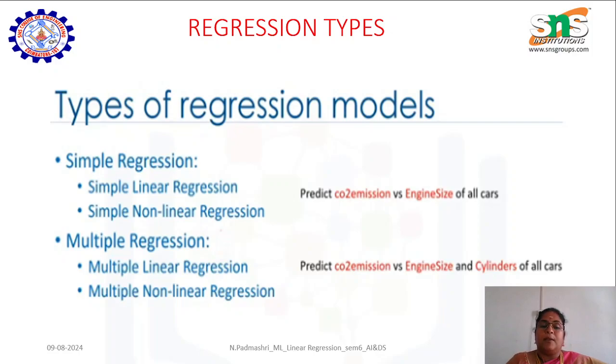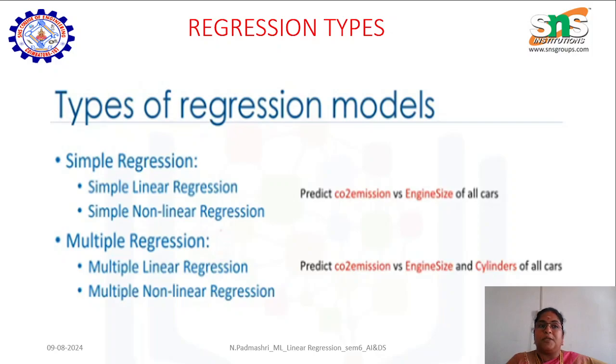For example, predicting the dependent value y with only one independent variable is called simple linear regression. Again, I will repeat the same. Our target is to predict the value. Our output will be termed as y. Y is the dependent variable. Say CO2 emission.